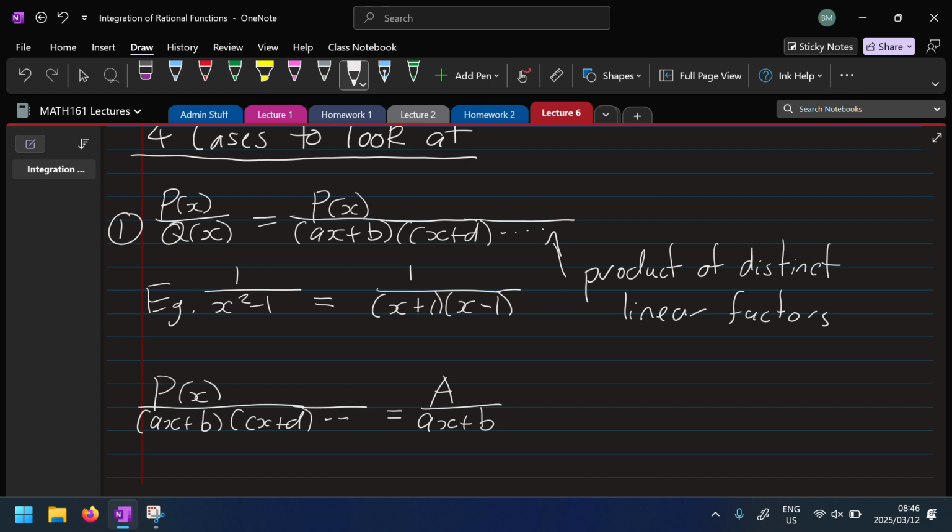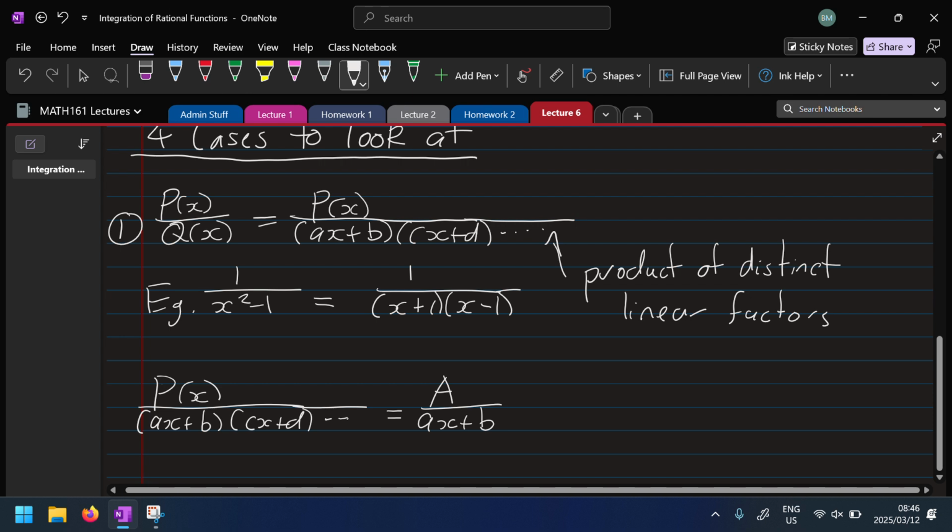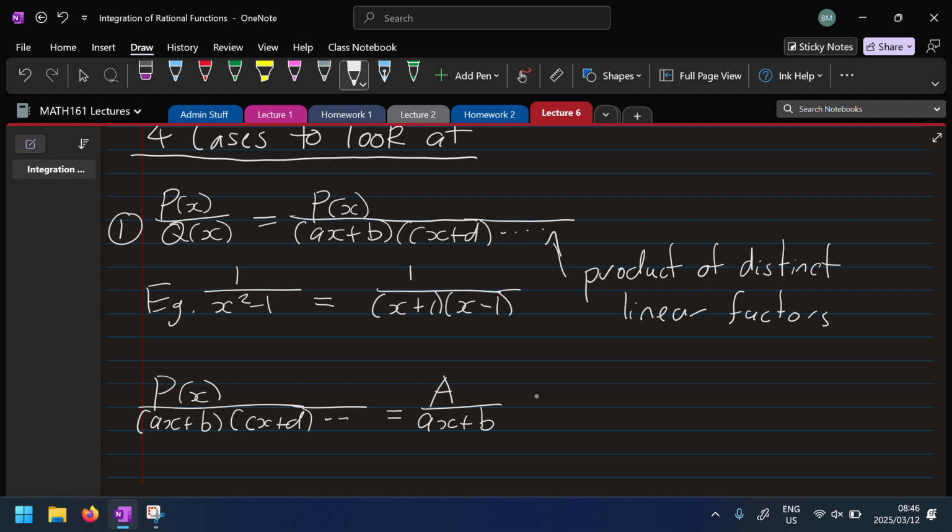A, we don't know what it is, we'll find that out later. So it's going to be A over the first factor, B over the second factor, and so on. A, B, C, all of those are just numbers. Each linear factor in the bottom becomes its own term in the sum.